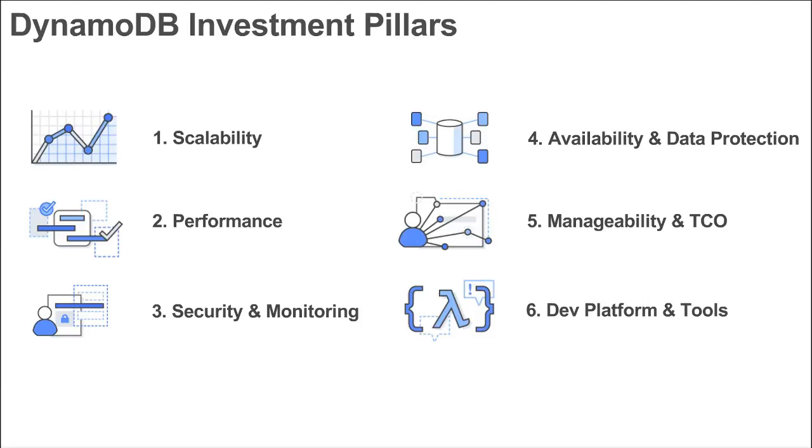As you would do today for any mission critical database on-prem, or whether you're hosting it yourself, we think about DynamoDB investment along the same lines, where scalability is super important. Our customer scale needs in terms of both storage and throughput are only growing by the day, and so we'll continue to invest in that. And AutoScaling is a key example of it, which we will talk about in a little while.